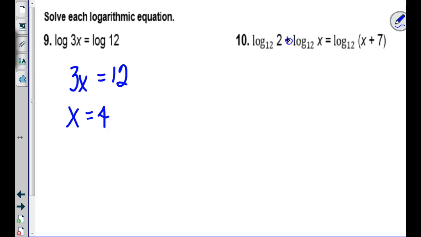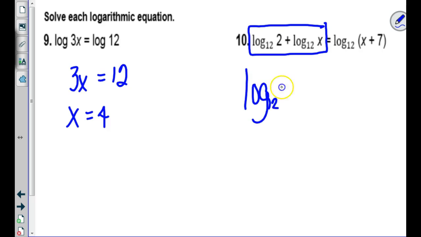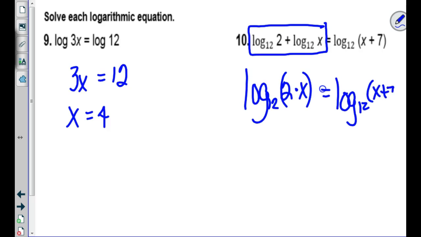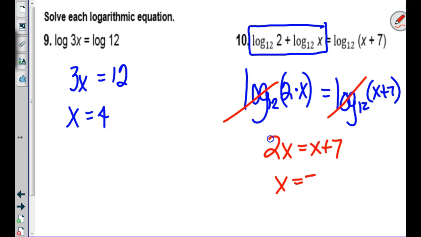What do we have to do to this? We have to combine these into a single log. What does plus mean I need to do? Multiply. So I have log base 12 of 2 times x equals log base 12 of x plus 7. Now can I get rid of the log base 12? So I have 2x equals x plus 7 or x equals 7.